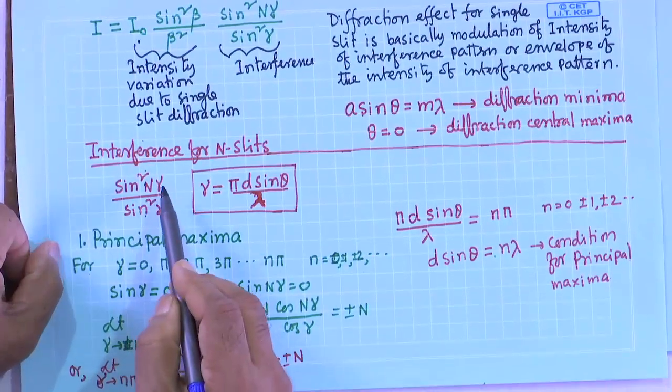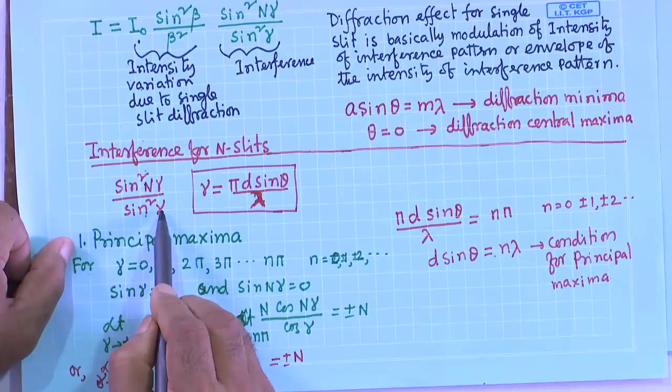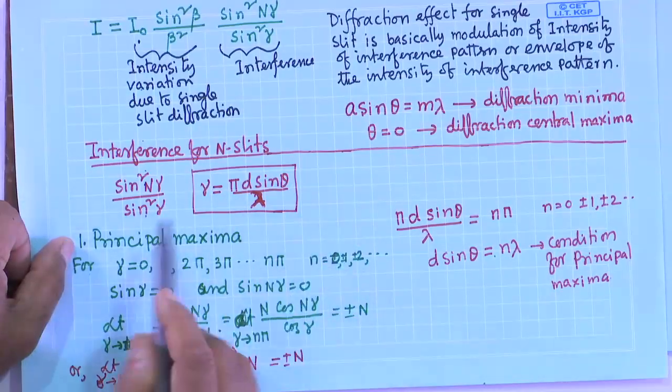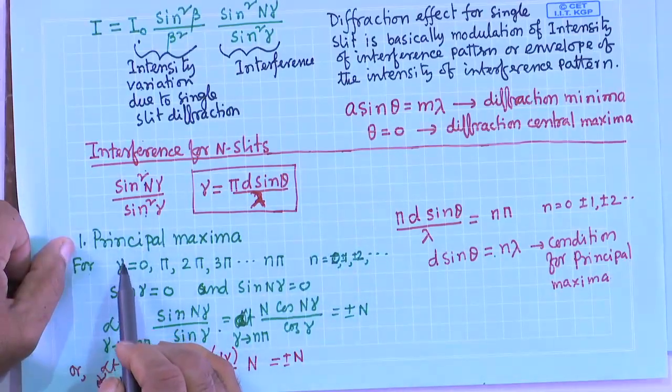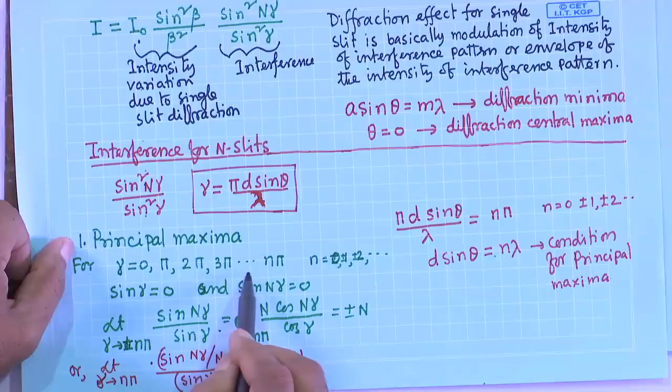Now, if gamma equals 0, what is gamma? Gamma is pi d sin theta by lambda. So gamma equals 0 or pi or 2 pi or 3 pi, n pi.